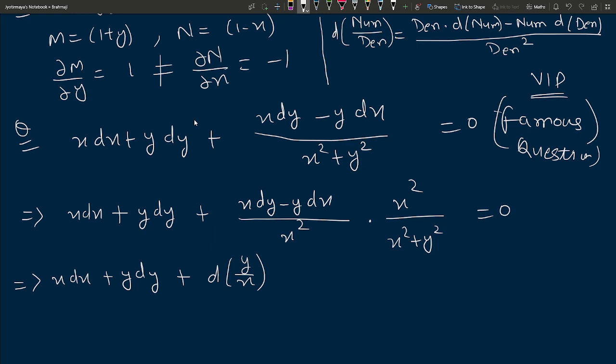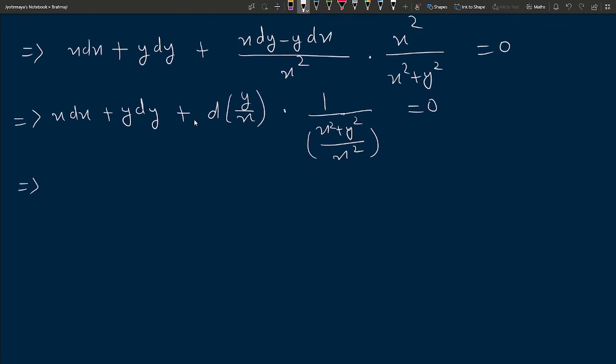This is differential, but the rules are equal. d of y by x is x into dy minus y into dx divided by x square. So this is this into x square by x square plus y square. Now what I will do here, I will do 1 by x square plus y square divided by x square. Now this is obvious.